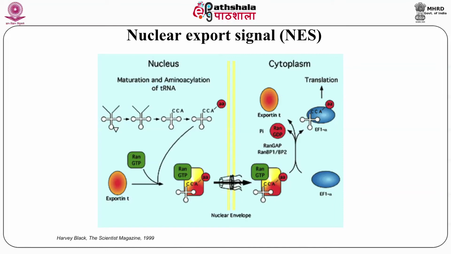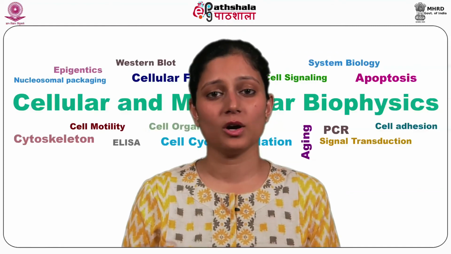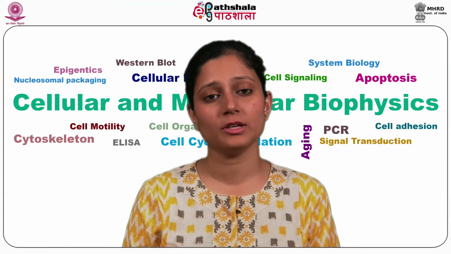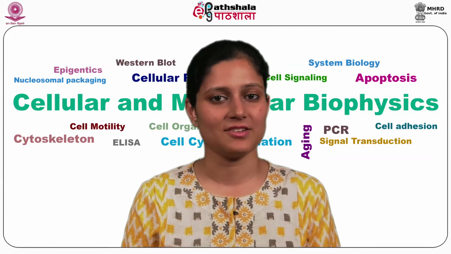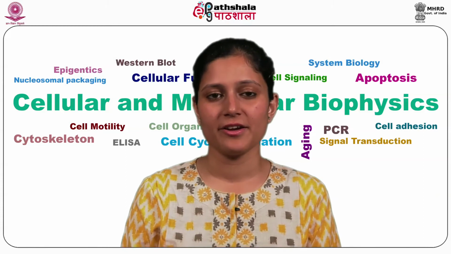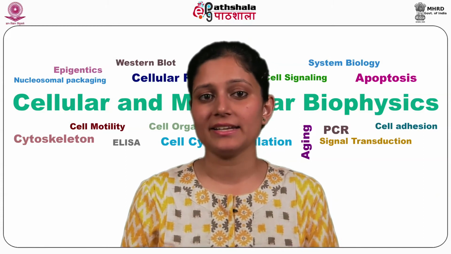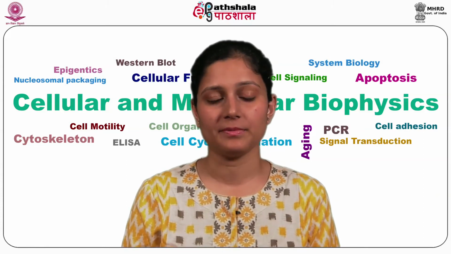tRNA export depends on the various modifications it undergoes, thus preventing export of improperly functioning tRNA. This quality control mechanism of nucleopore complex is important and ensures tRNA's central role in translation, where it is involved in adding amino acids to a growing peptide chain.